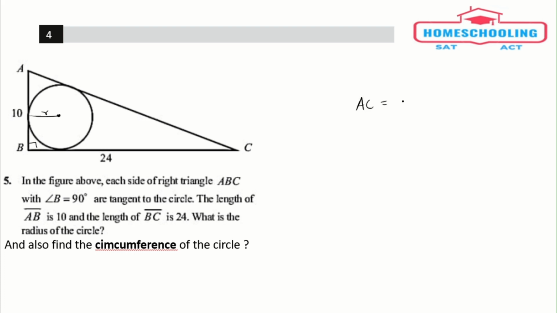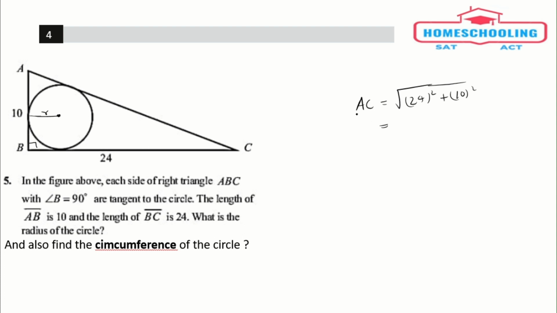If we use the Pythagoras theorem, AC square is equal to 24 square plus 10 square. So 24 square is going to be how much?